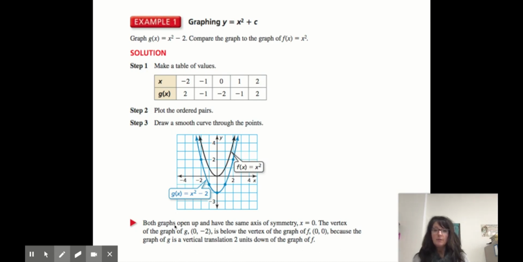So we'll describe it. They both open up, they both have the same axis of symmetry. The vertex of the graph of g is 0, -2. It's below the graph of f, which has vertex 0, 0, because the graph of g is a vertical translation 2 units down. So these might be the types of words and things that I'll be filling in the blanks on big ideas.